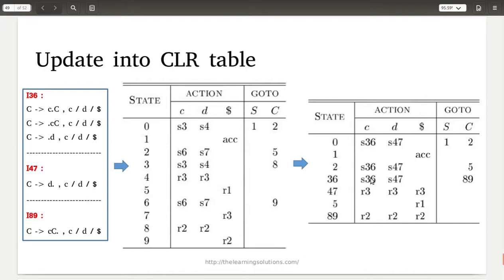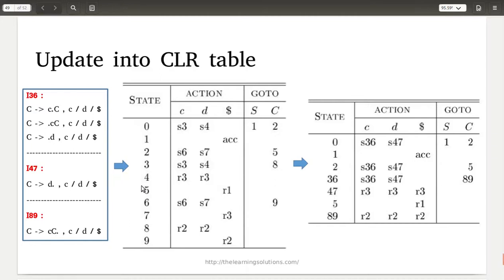So shift 36 is possible since we have introduced new state, that is I47. So the shift of 3, that is S4, and shift of 6, that is S7, can be combined and form S4 plus S7 can form S47. So shift to 47 is possible. So there is no shift conflict.